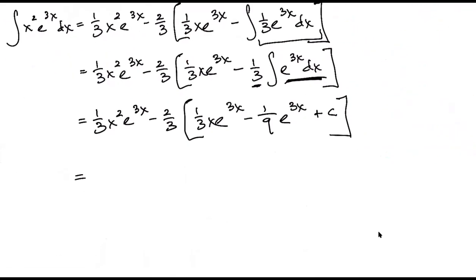And so when we look at this final line here, there's no more integrals. We didn't have to combine any like terms in terms of the other integral on the other side. So we're good. So at this stage, we're just going to distribute that -2/3 to this term as well as that term.